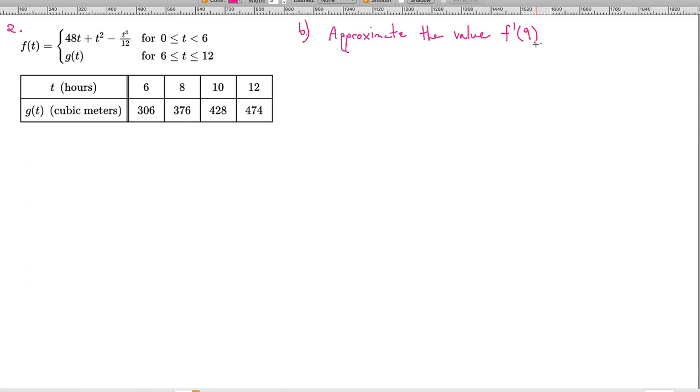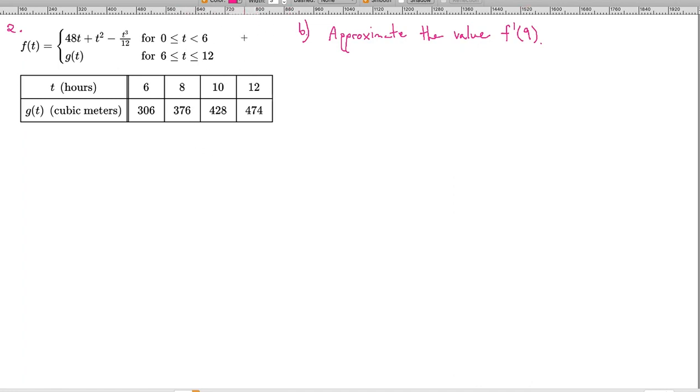So you find the values for t that give you the shortest interval closest to 9. The shortest interval is the values for t of 8 and 10. And you compute the slope of that secant line joining these 2 points. That's going to be the best approximation for the slope of the tangent line that we can get with this information.